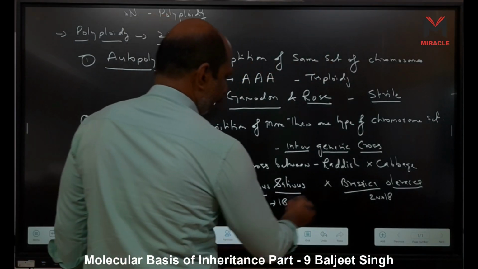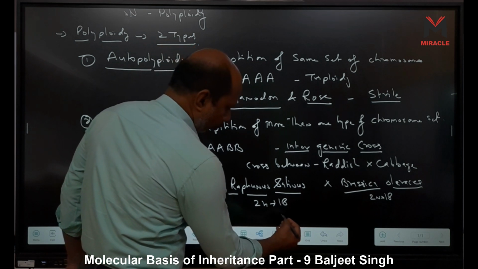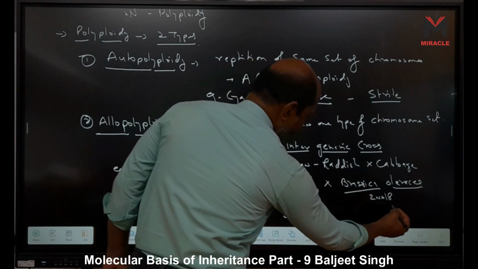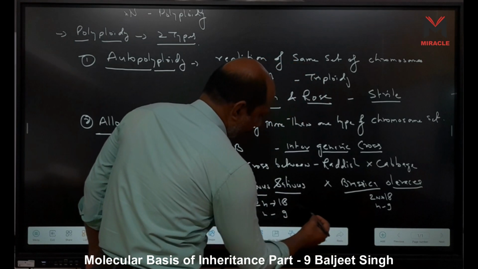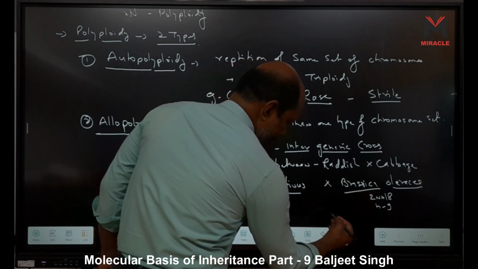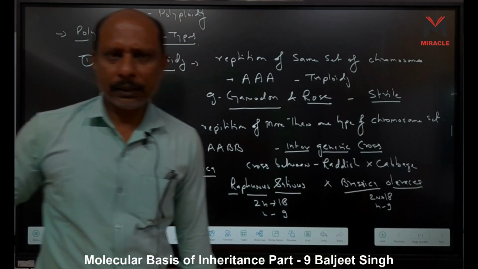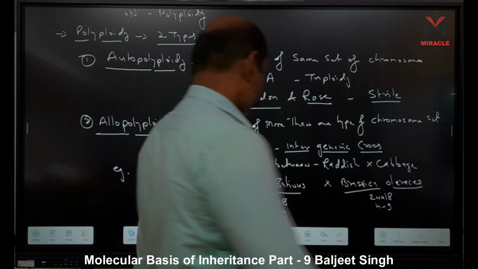Then what happens when we cross? N means 9 chromosomes, 9 from here and 9 from here, because gamete means N. Then we get a new generation, another 2N, that is 18, and this is called Raphanobrassica.